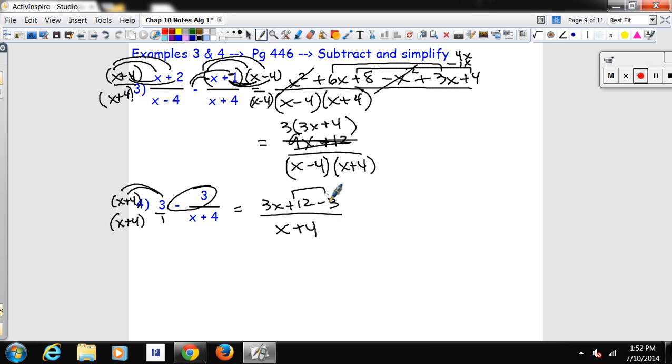So combine those. 3x plus 9, you got to subtract those because they're different. Over x plus 4, and then take a 3 out. Take a 3 out of there, you'll have 3 parentheses x plus 3 over x plus 4. So that's when you have two fractions that do not have the same denominator.